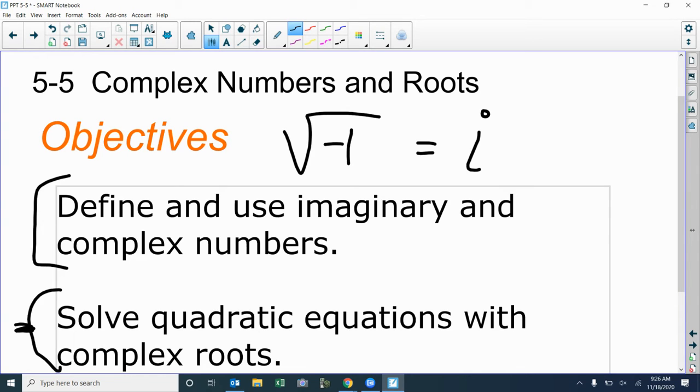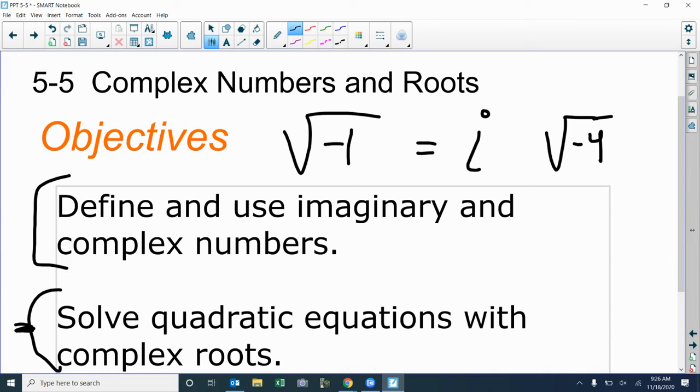Most of the time, if you put the square root of a negative number in your calculator, it will say non-real or error. If you have a calculator handy, try the square root of -4. Most likely it's going to say non-real or give you an error. But we're going to learn today that that is not a real number, but it is an imaginary number.